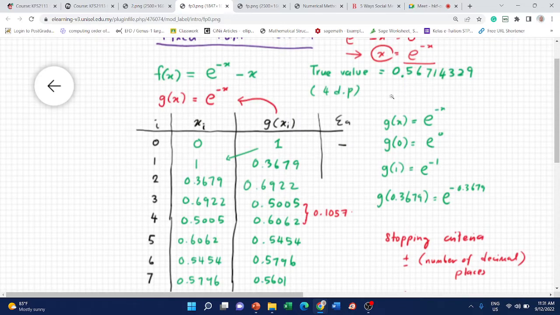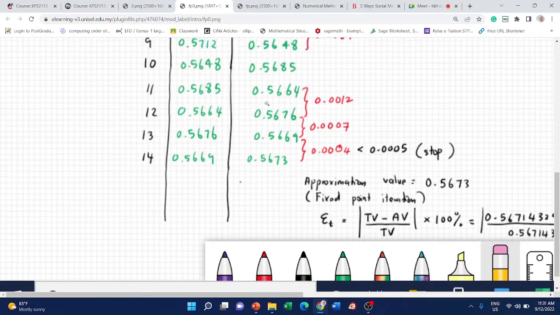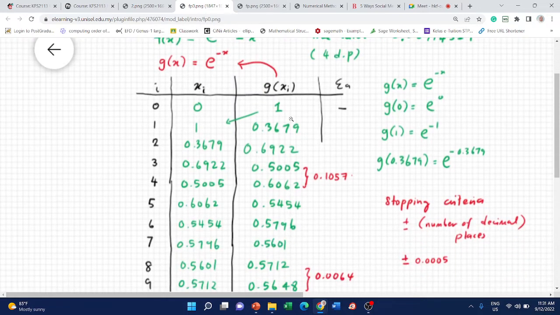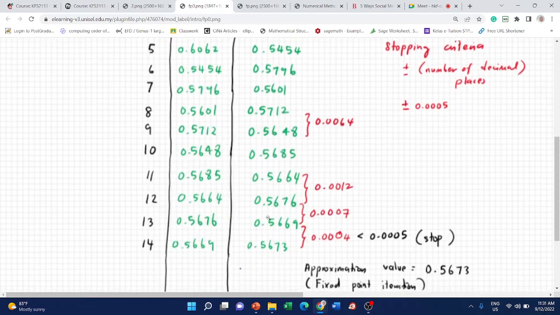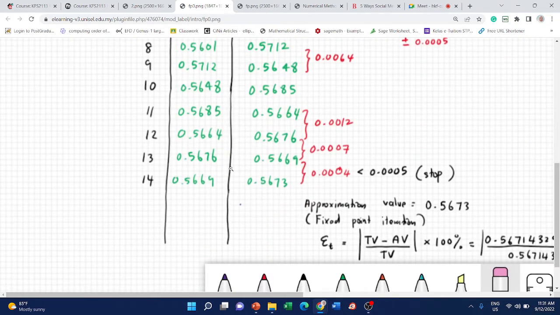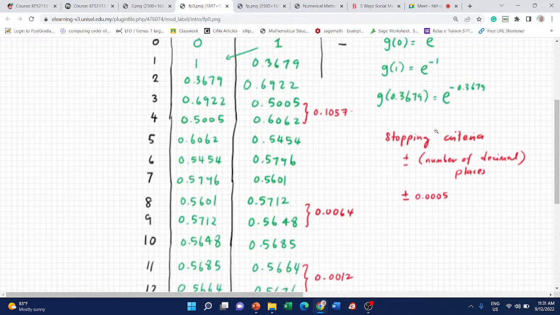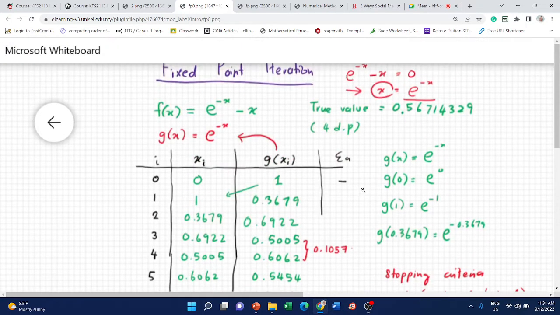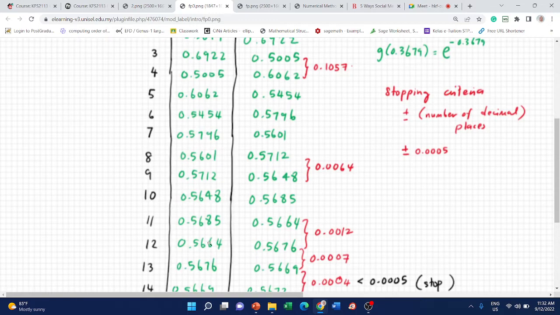If you find that the computation in the table is diverging, very far from the true value, sometimes not stable, you need to change your g(x). That means your expression for g(x) is not suitable because your computation is diverging from the true value.